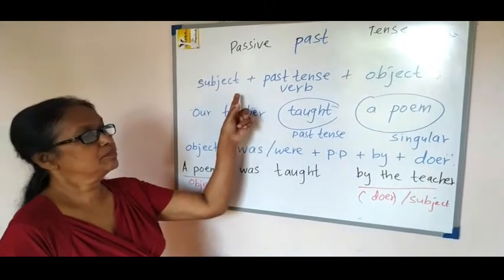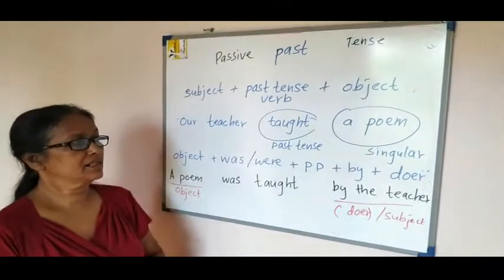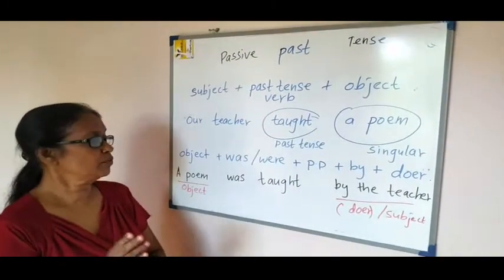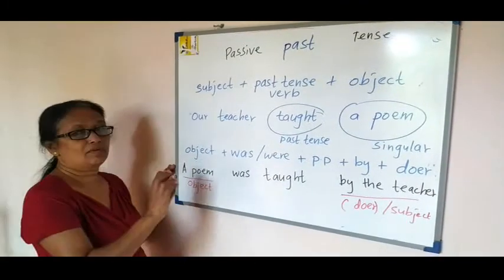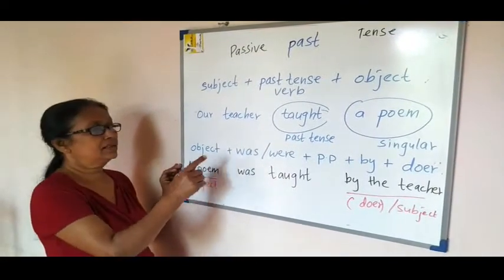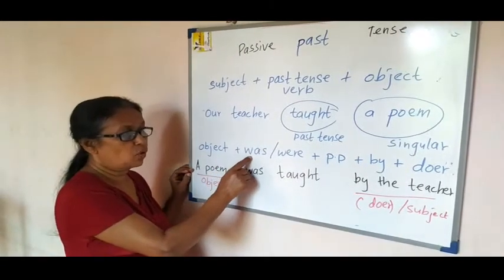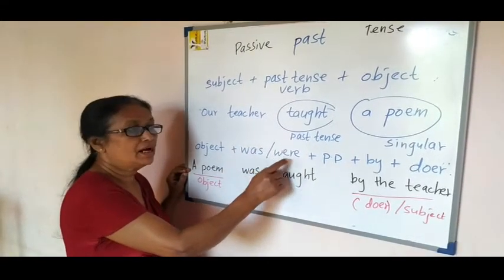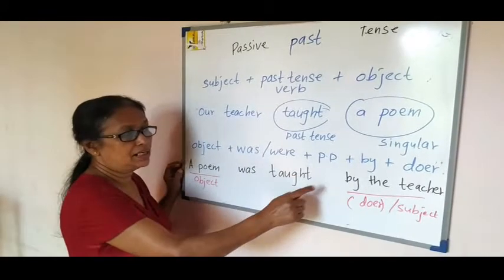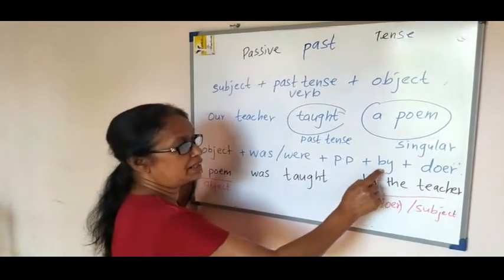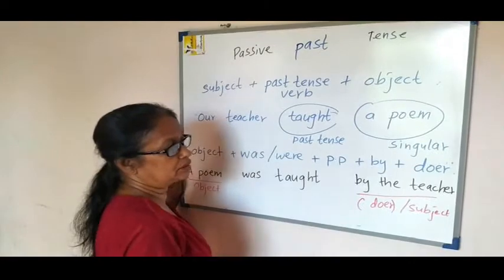When the active voice sentence turns into passive, once again I remind you, the subject becomes the object: object plus was or were plus past participle plus by plus doer.